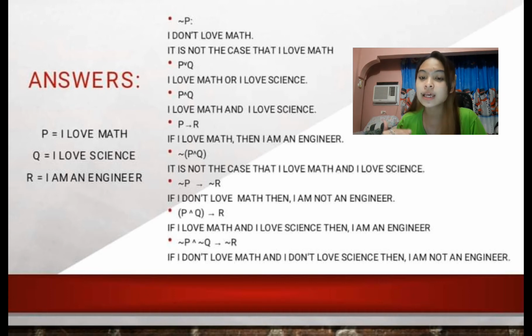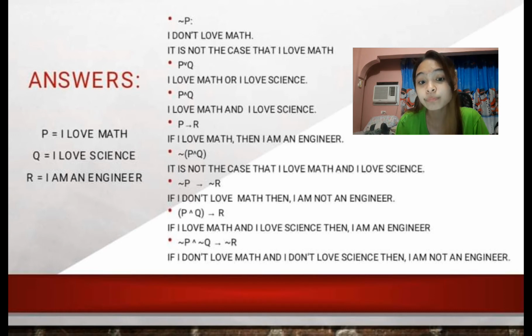Next symbol, not (P and Q). In here, guys, since P and Q is in the parentheses, you'll focus first on P and Q. P is I love math. Then the symbol and, you just write and.